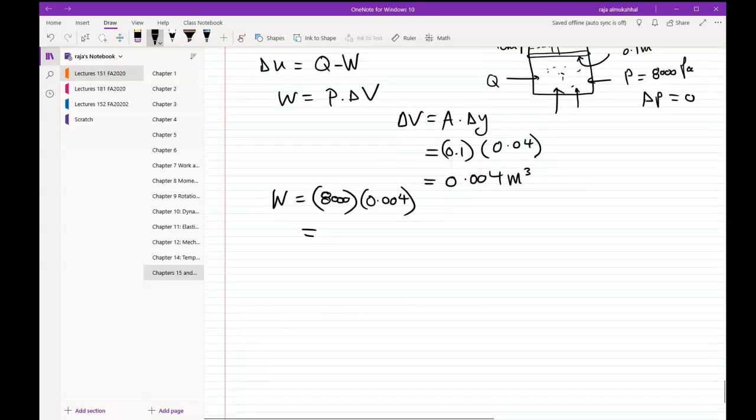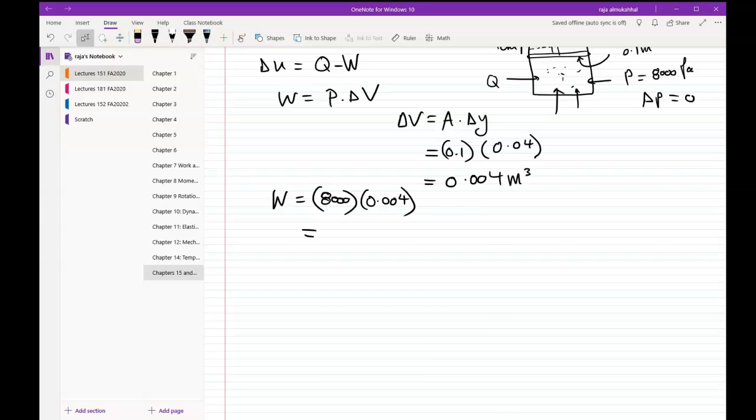So I can calculate the work equals 32 joules. So delta U, which is equal to Q minus W, will be, the 42 is given, minus 32, and that will be 10 joules.